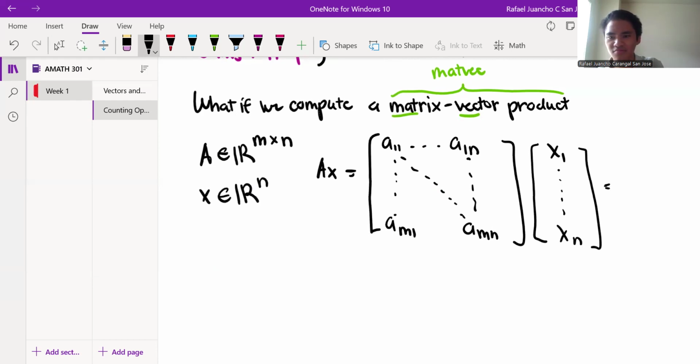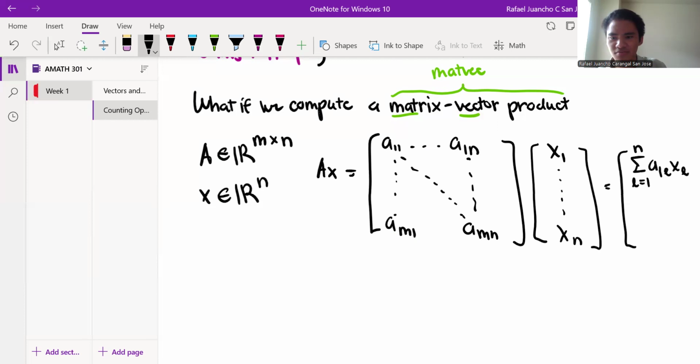And from here, we will get the summation of a1l xl. Let's say l is the one that's moving. Here we assume it goes all the way to n, and here l is 1.